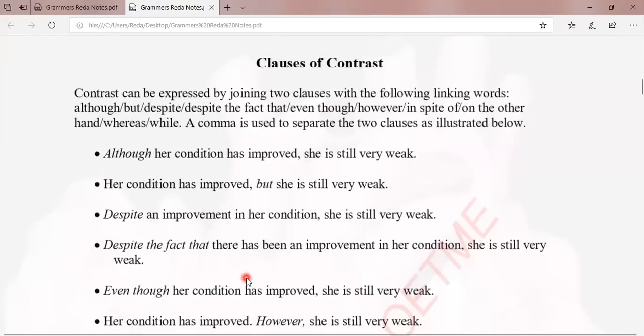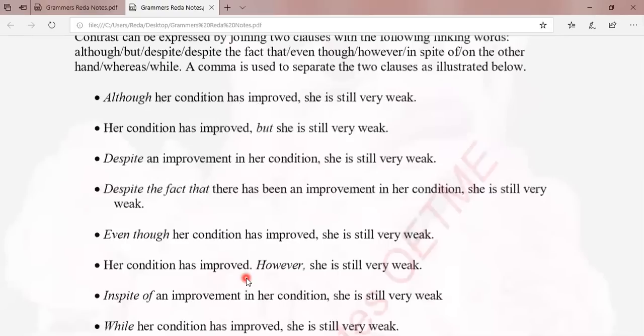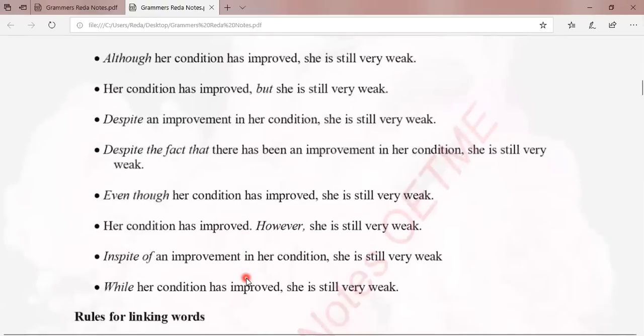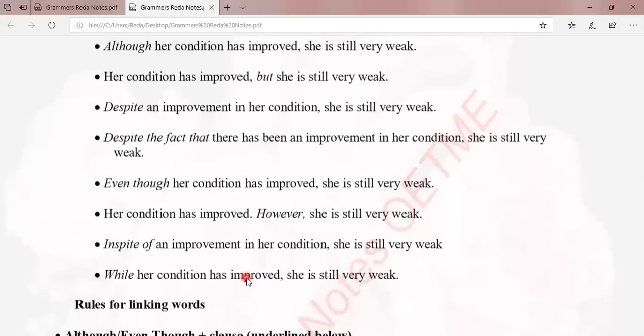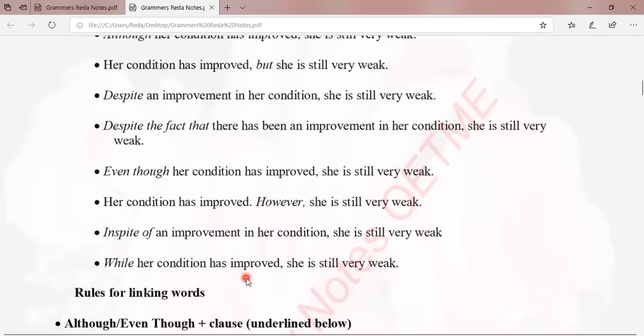Even though or although her condition has improved, she's still very weak. In spite of plus noun or gerund: in spite of an improvement in her condition, she's still very weak. While her condition has improved, she's still very weak. So try to use this.